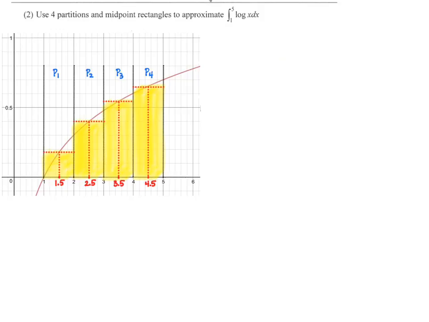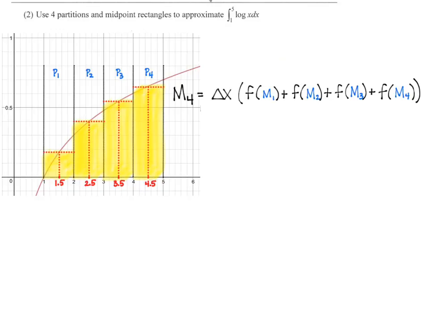Now, it is not necessary that you would have drawn this, but it does help. It gives us a little bit of insight as to what it is we're looking for. The main thing is we know this formula that says the midpoint approximation, if our n, meaning our number of partitions, is 4, is going to be delta x times the function at midpoint 1 plus the function at midpoint 2 plus the function at midpoint 3 plus the function at midpoint 4.